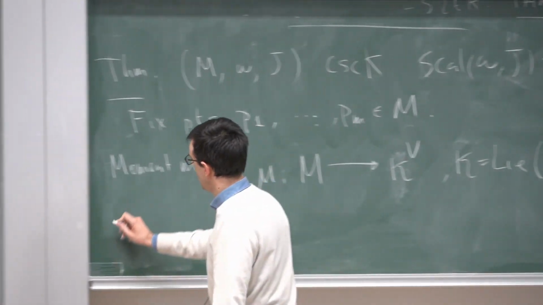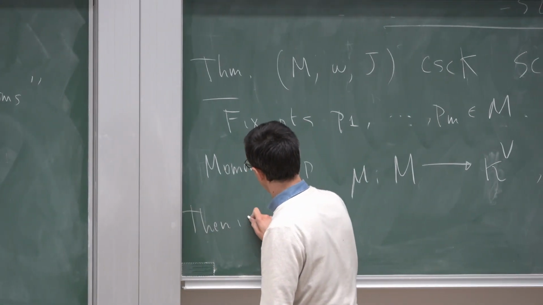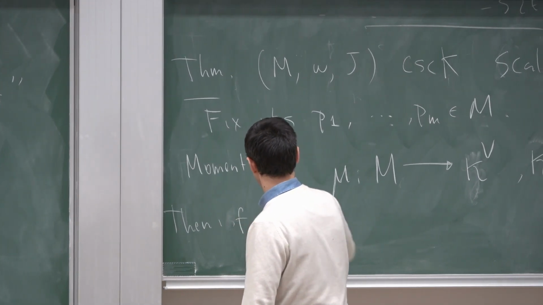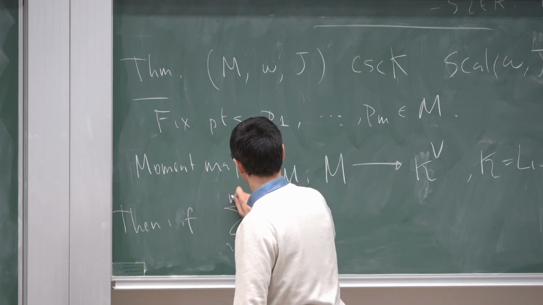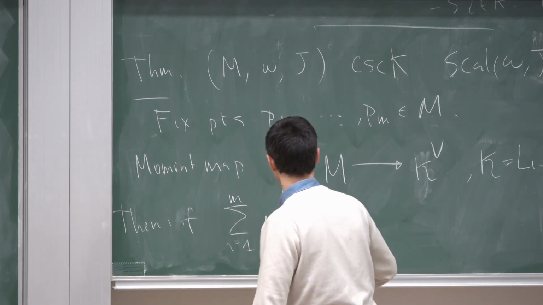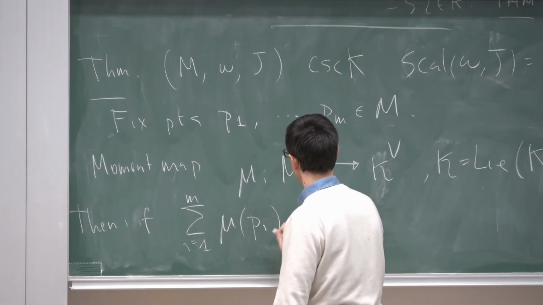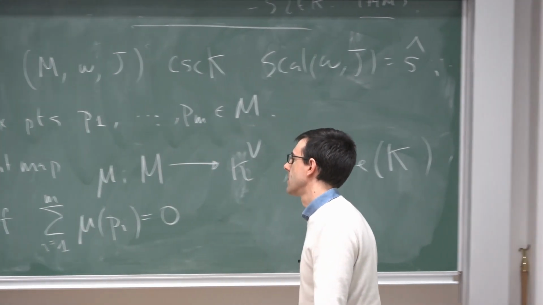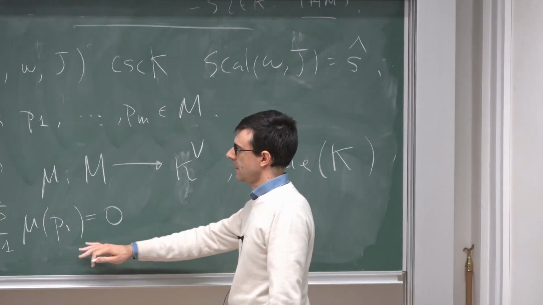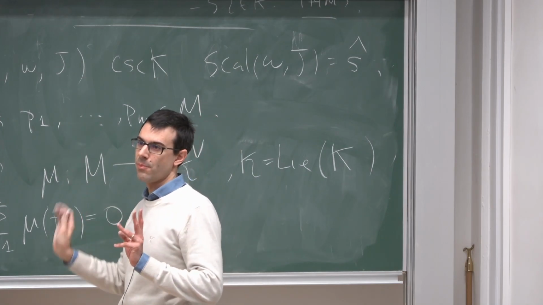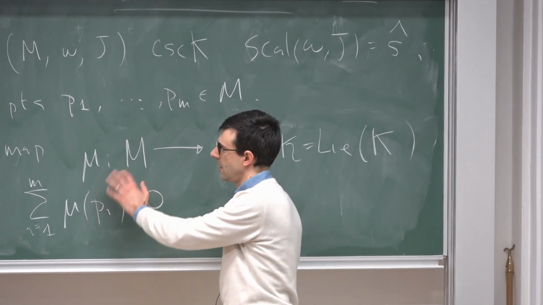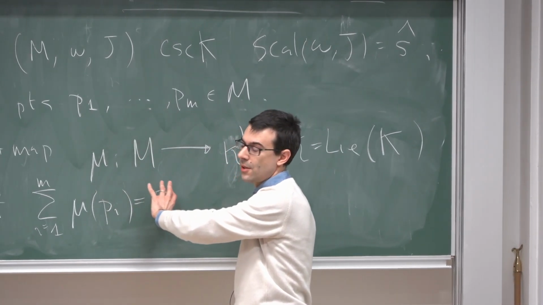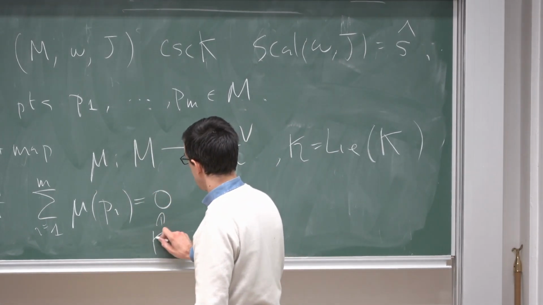Then if the sum from i equals 1 up to m of moment map values at the point Pi is just vanishing, so that the configuration of points is balanced in the sense that if you add up all values of the moment maps at the points you chose, you get 0 inside the K dual.